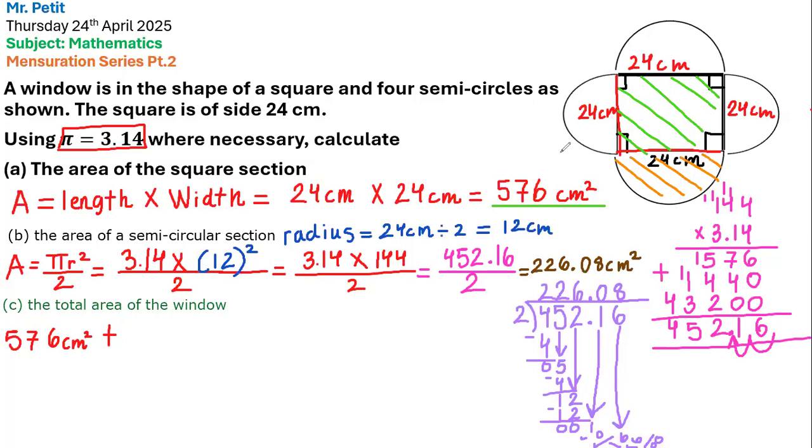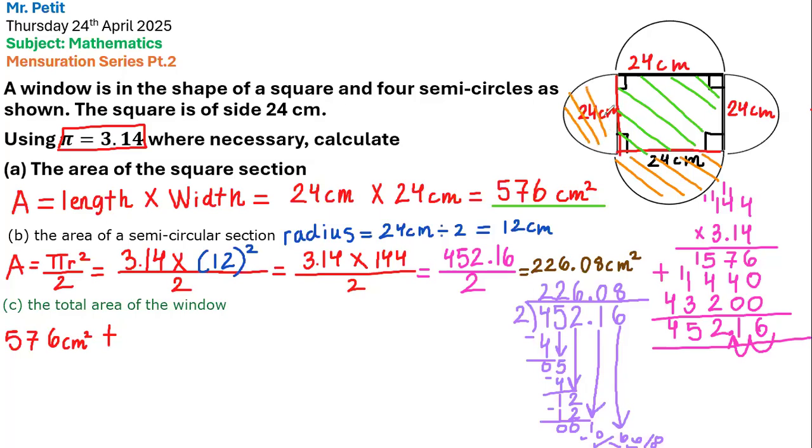No, sir. So what are we going to do? We have to multiply the area of the semicircular sections by 4. Why by 4? Because there are 4 semicircular sections.